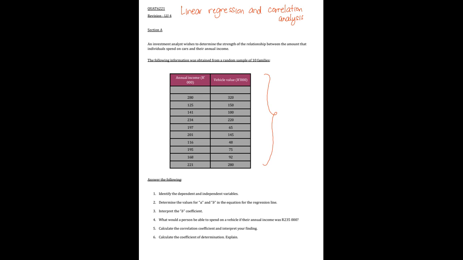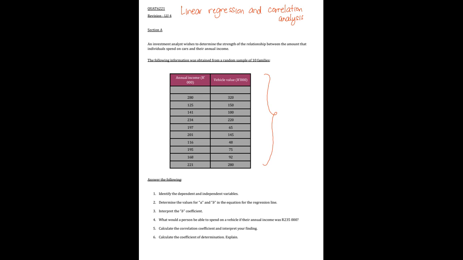Okay, so let's go back to what you see up on the screen. So this is, as I said, Learning Unit 4. It's a section called Linear Regression and Correlation Analysis. And what we look at here is the relationship, if there is any, between two variables. And we quantify the relationship through linear regression, meaning we identify, is there a relationship between two variables?